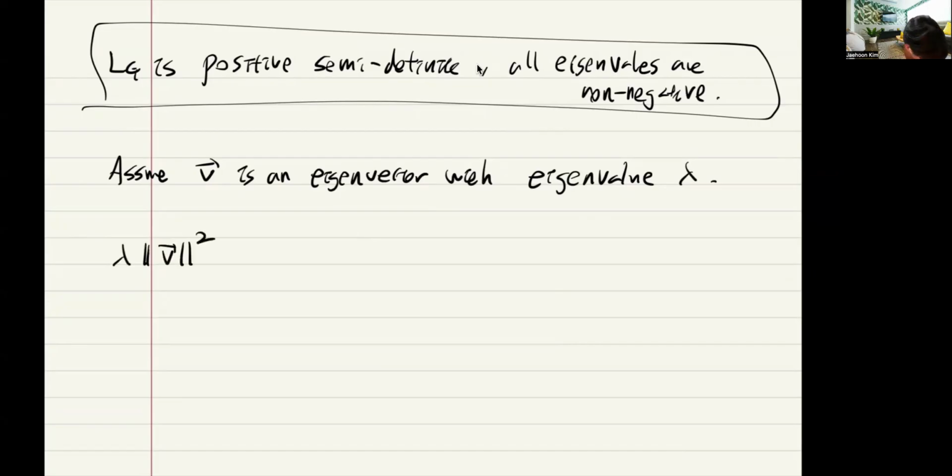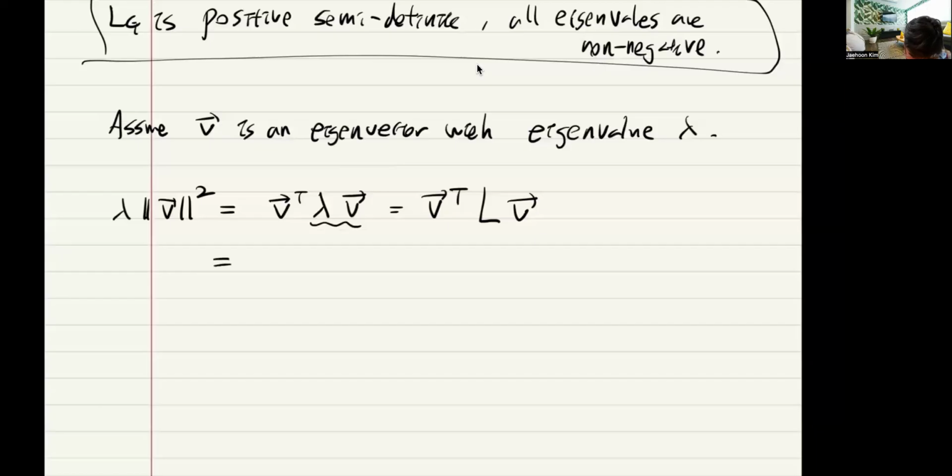Then what we can prove is that you take the norm of b and multiply by lambda. It's the same as b transpose times lambda times b, because this is the inner product of b with b, the norm. And as this is the eigenvector, this is b transpose L times b, which is b transpose D b minus b transpose A b.